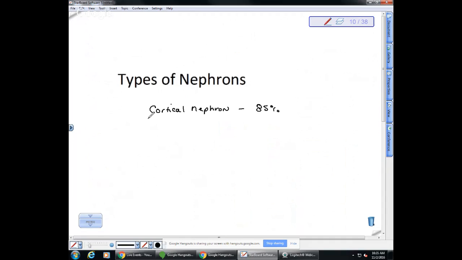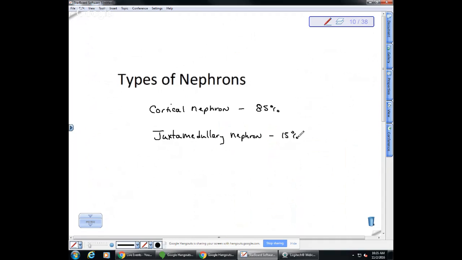The other type of nephron is called, so there are some fun words in this lecture, the juxtamedullary nephron. And that's only about 15%. Okay.